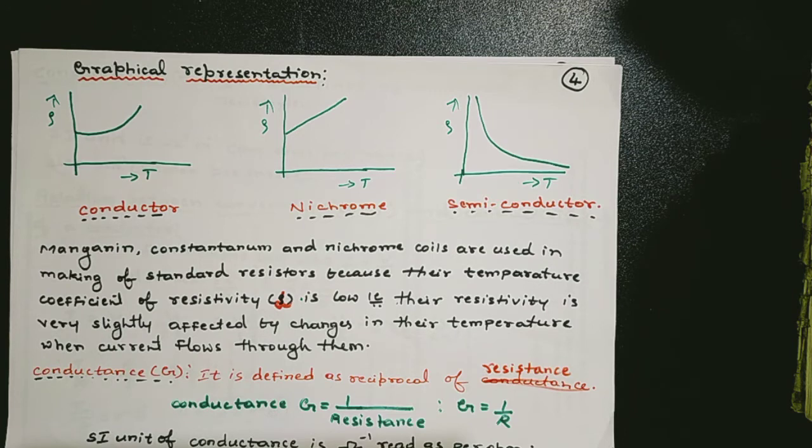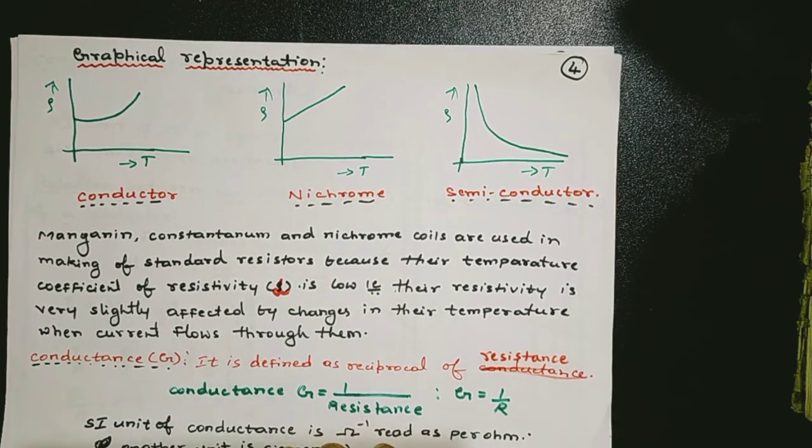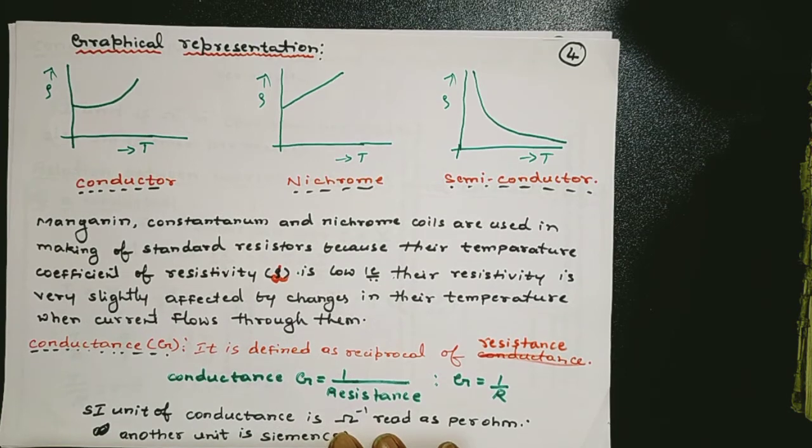So what will be the SI unit? The SI unit of conductance is per ohm. The other unit of conductance is Siemens, normally represented by S. It's a very common term that you normally come across in electrochemistry. So there also you will be very frequently learning about this conductance, which is the reciprocal of resistance.